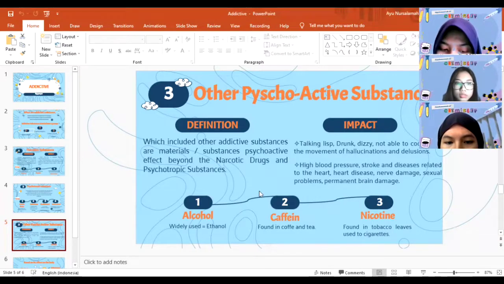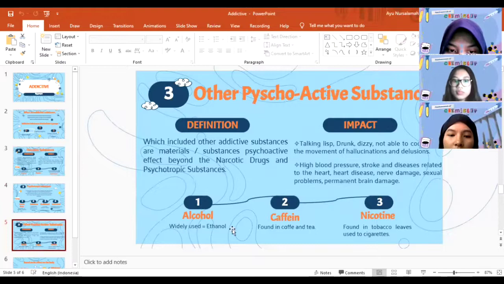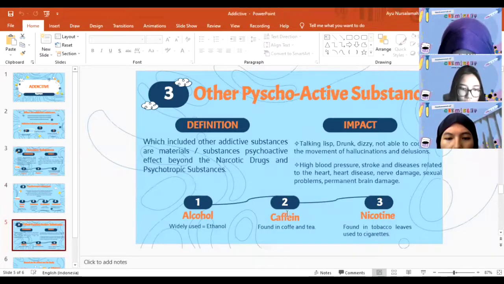This kind of addictive substance is commonly used in daily life, like in food or drink. Like we can see here, like alcohol. The type of alcohol that is widely used is ethanol, and blood alcohol, when high, causes motion sickness and also decreased awareness. The second is caffeine. Caffeine is a substance that is naturally found in coffee and tea and can improve brain function.